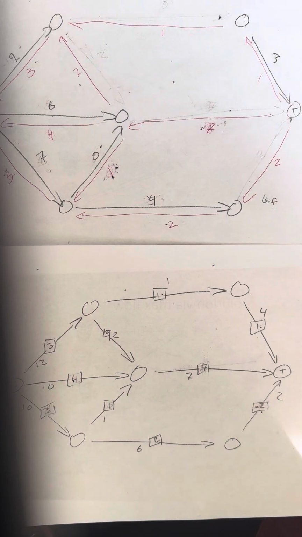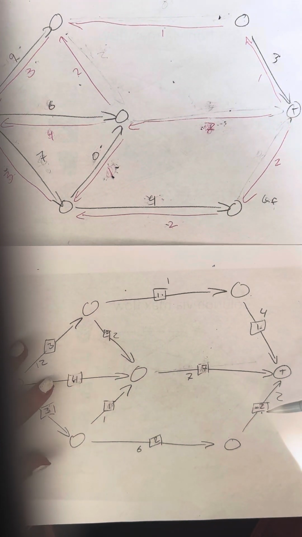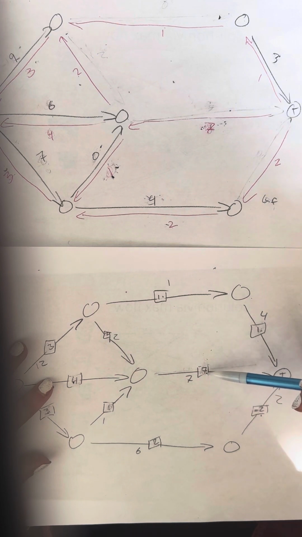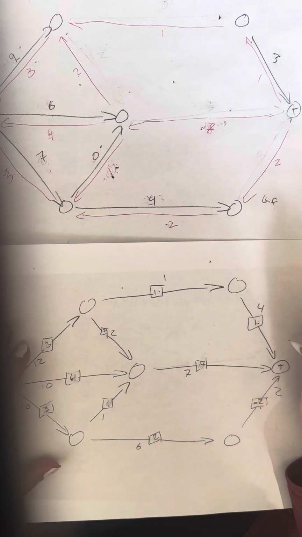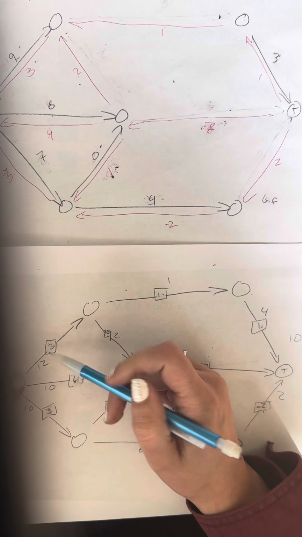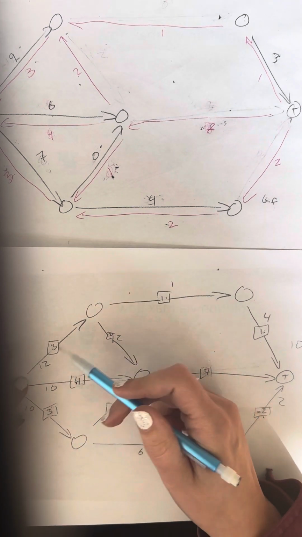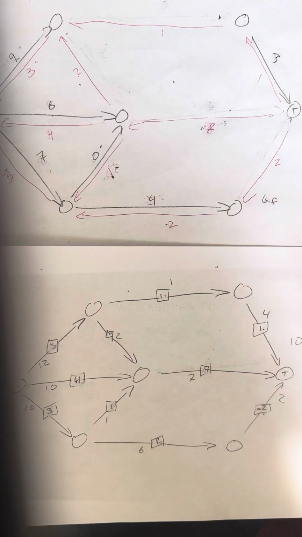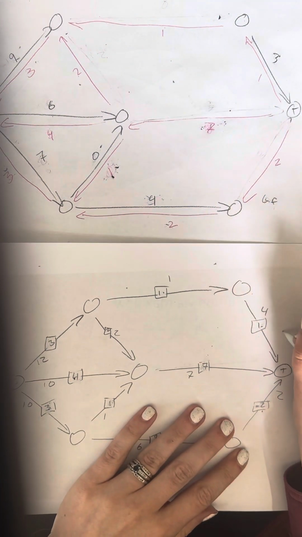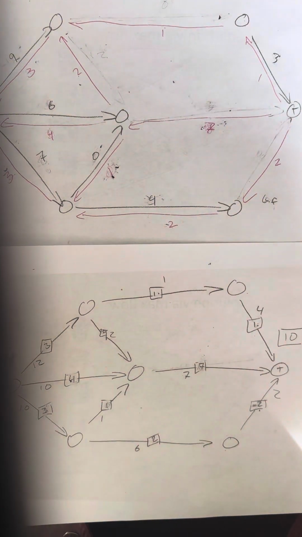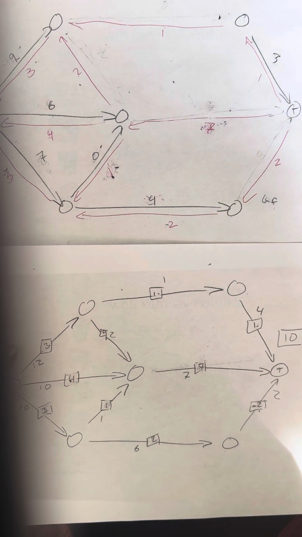So if I add up my numbers, I have 7, 2 and 1 is 10. And assuming that I've done this correctly, 4 plus 3 plus 3 is also 10. So the max flow, which is the same as the minimum cut here, is 10.